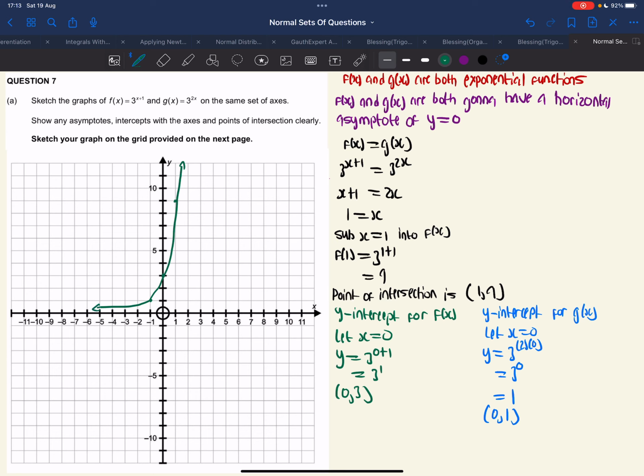So it goes on and on, and then we can draw it that way. Then for the blue one, the intercept is (0, 1), and remember they also have the point (1, 9), so it intersects there as well.